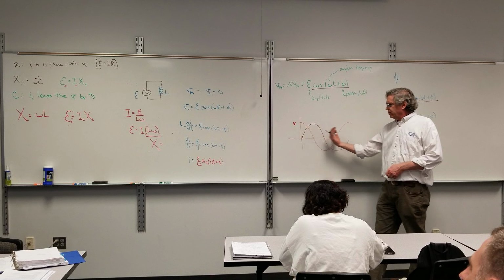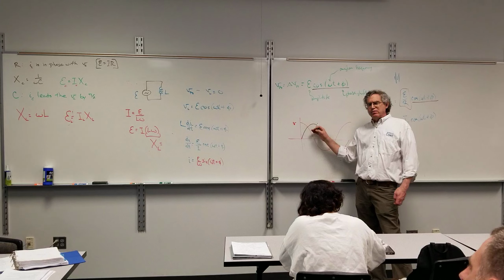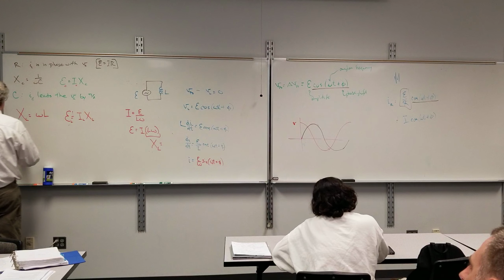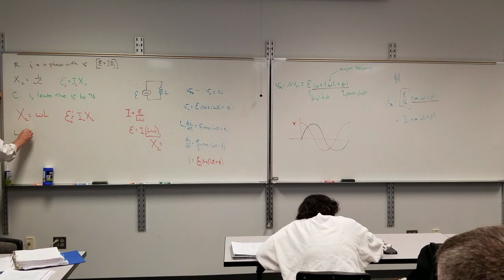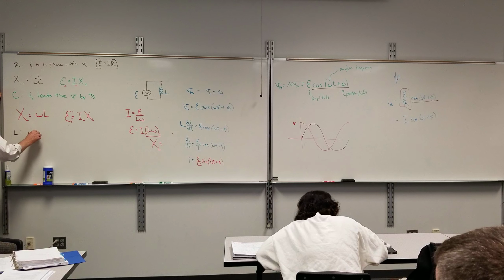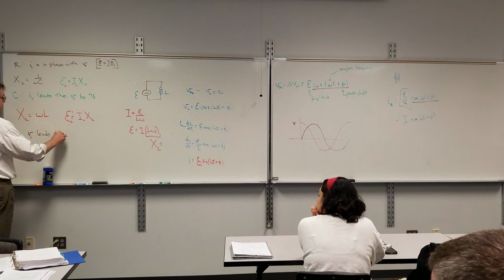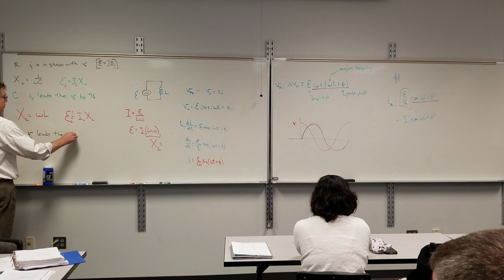As I'm increasing in time, I peak for my voltage, and then I peak for the current. And so we now have the last component that we want. For an inductor, the voltage leads the current by pi over 2.